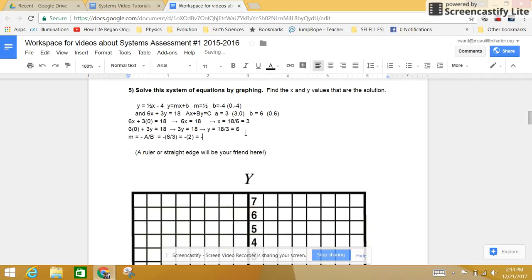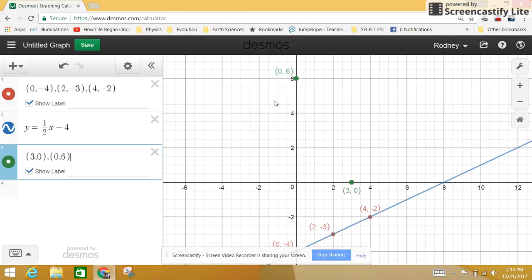So slope equals negative 2. And if you look at this here, we go down 6 over 3. Down 6 is negative 6 divided by 3, which is negative 2. So we'll just plot that line.